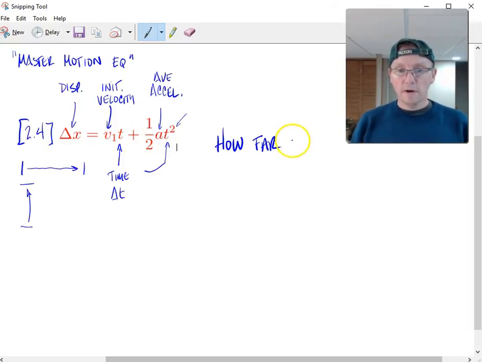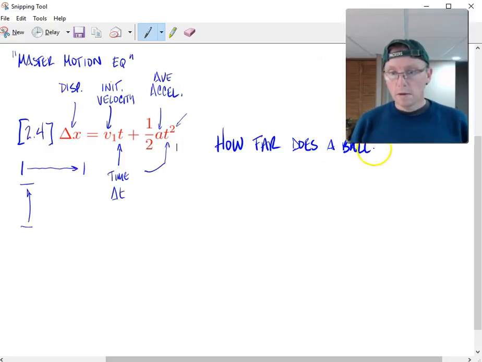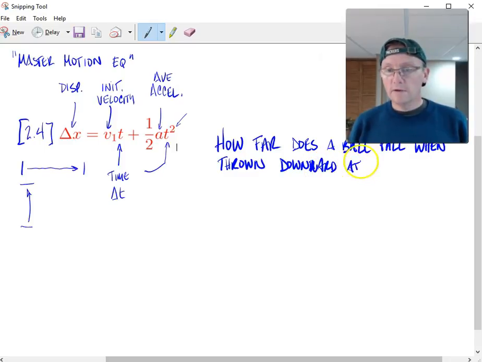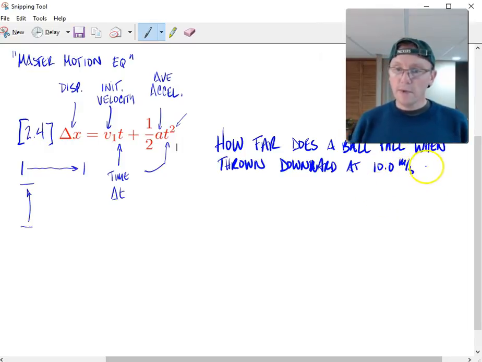Okay, so how far does a ball fall when thrown? So you're actually throwing it downward at, let's say, 10 meters per second after, let's say, 4.00 seconds.